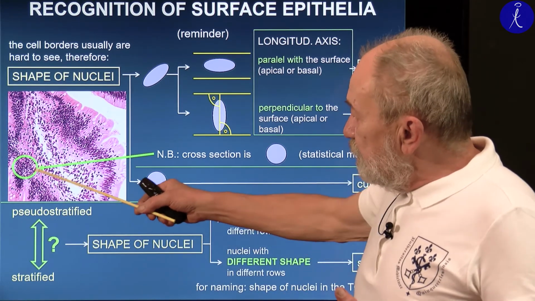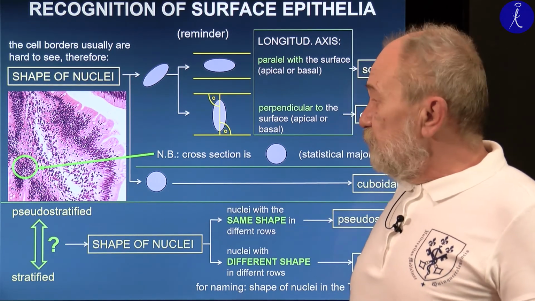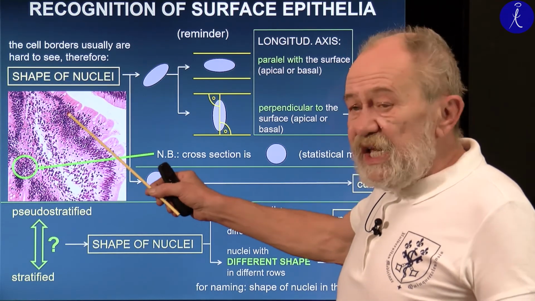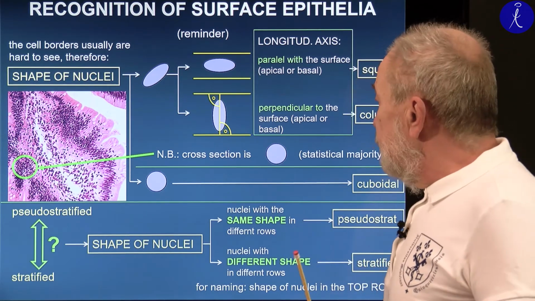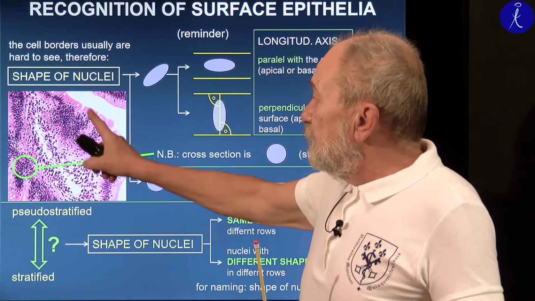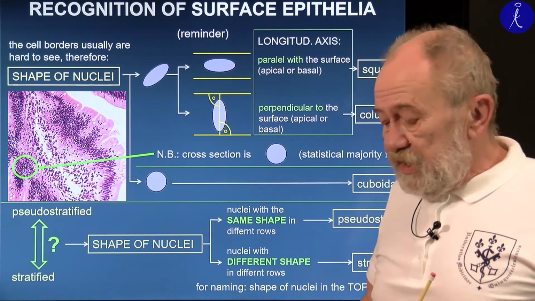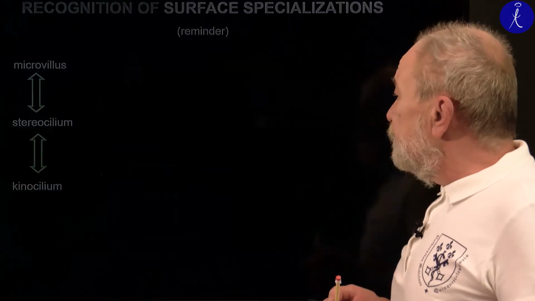The majority of the nuclei, if they appear oval perpendicular to the surface, then the ones which appear round are having the same shape but perpendicularly cut nuclei they contain. So the tangential cut of the columnar epithelium appears as epithelium containing round nuclei, but this is only because of the direction of the cut.